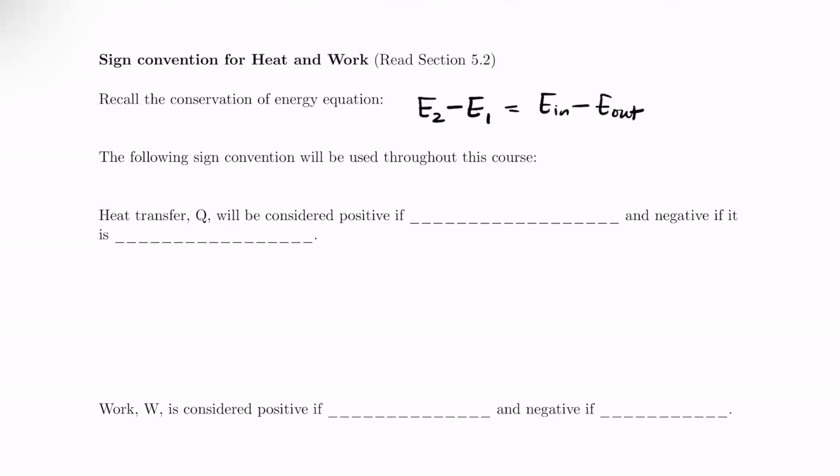All right, so we need to use a sign convention, and this is what we're going to consistently use throughout this entire course. And that is that heat transfer, which is Q, is considered positive if it is input to the system. And then it is negative if it is lost by the system. All right, the same thing applies to Q dot.